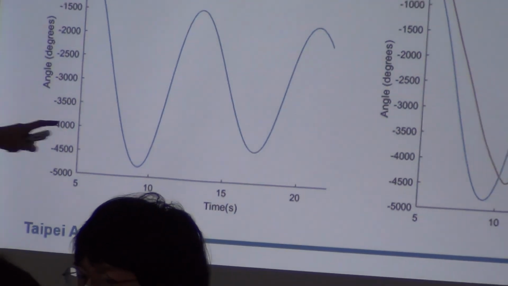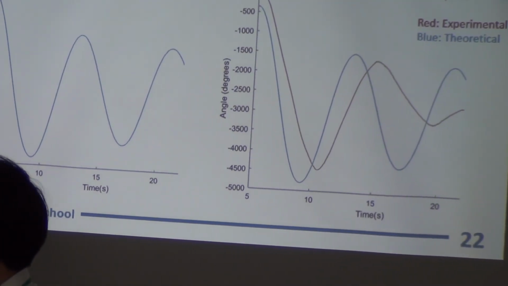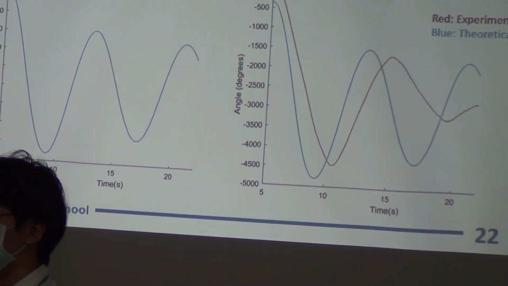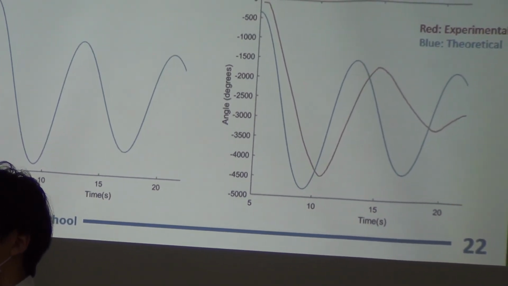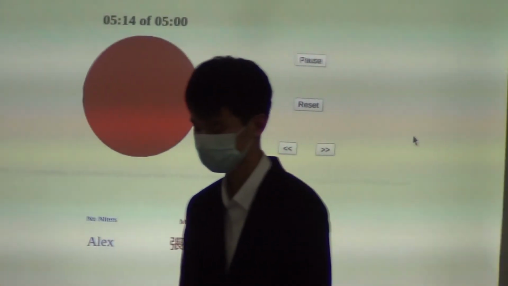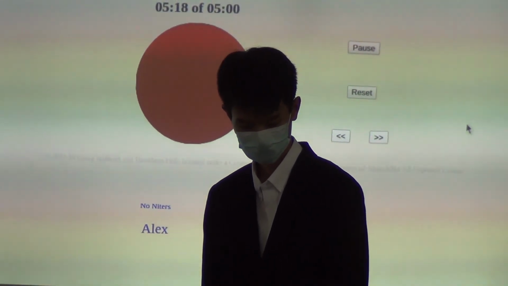Do you have any comment? Can you repeat your question? For the experimental curve, the oscillation duration is longer. Any comment about which parameter might lengthen the duration? I agree with the reporter. Okay.